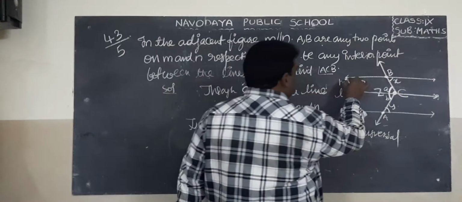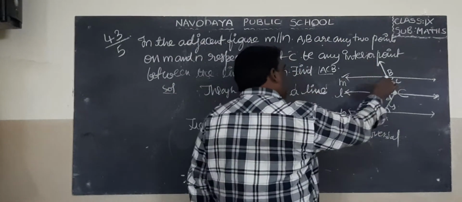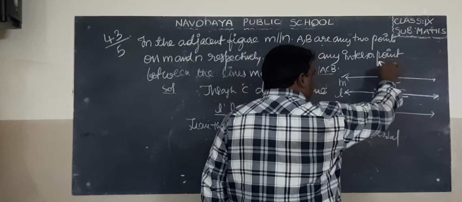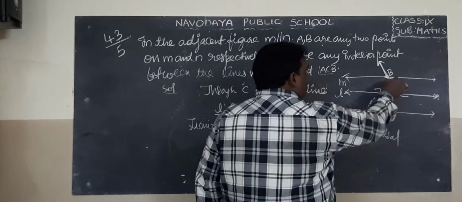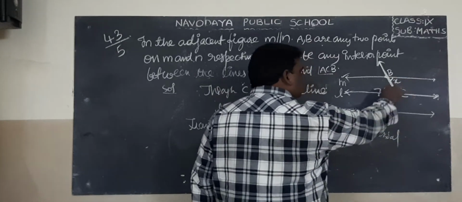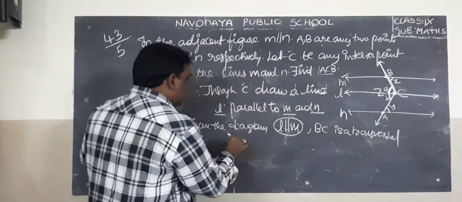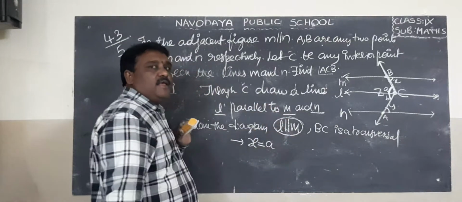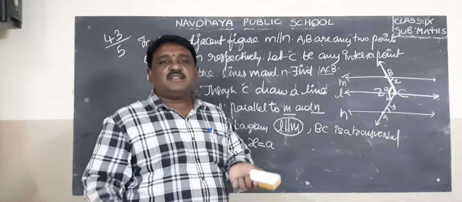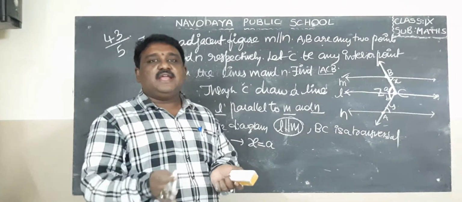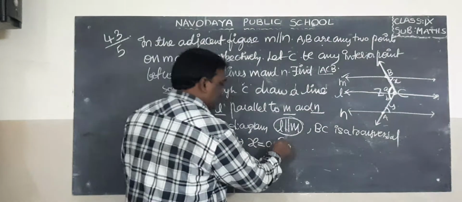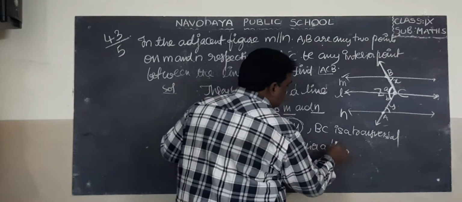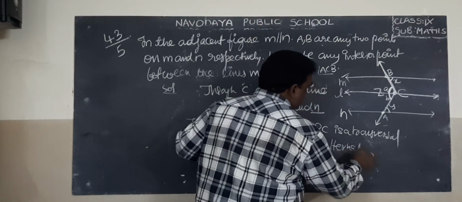So I am talking about line M, line L, and this is the transversal. Now these two angles you see. What are the angles equal? Small x equal to small a. Why are they equal? What is the reason? Because they are interior alternate angles.